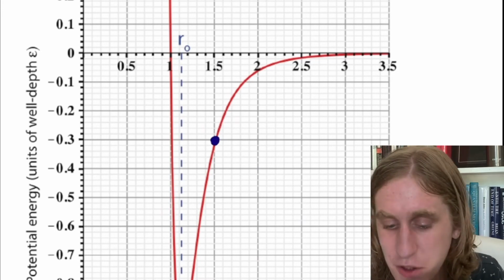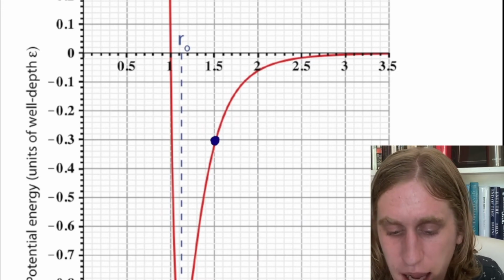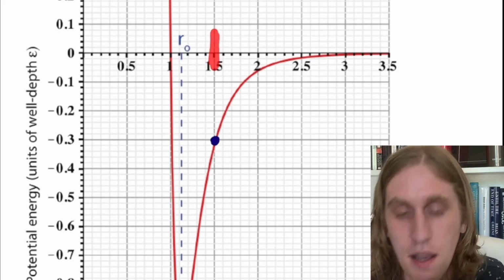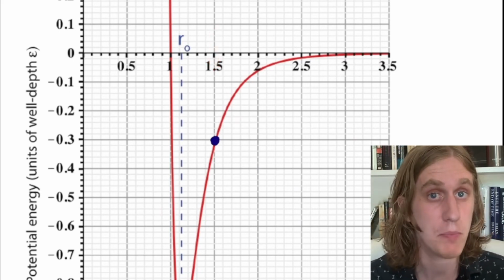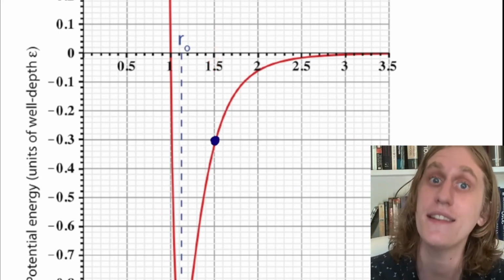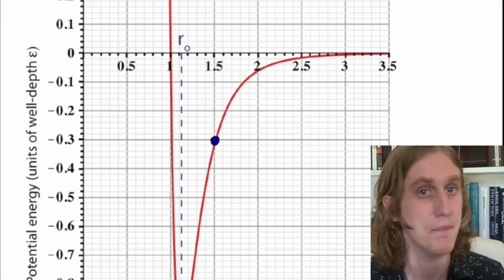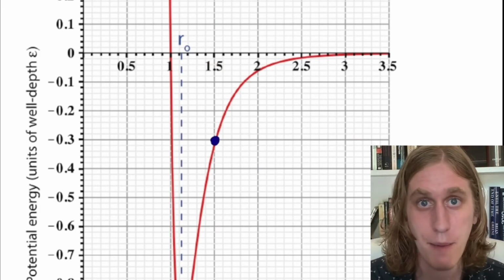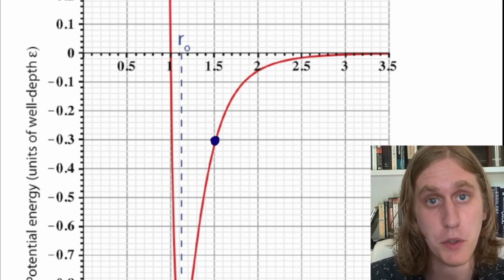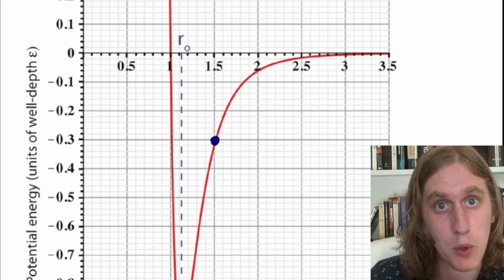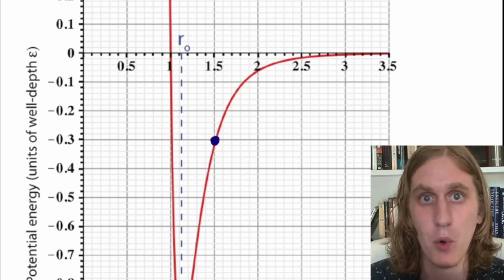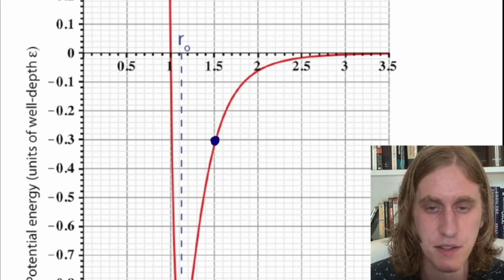This dot is located at 1.5 on the horizontal axis. This just means that the particles are 1.5 times their diameter apart. Their diameter is just going to be a number in meters. And so you just take that 1.5 and multiply it by that diameter in order to calculate the exact distance.